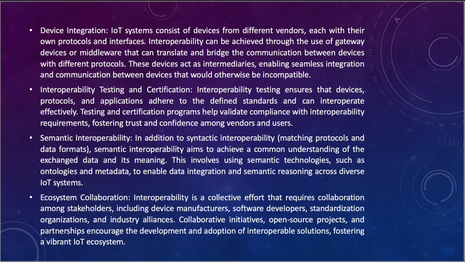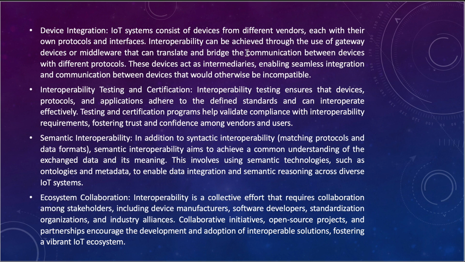Next is device integration. IoT systems consist of devices from different vendors, right? Different vendors means different companies, right? Different brands, each with their own protocols and the interfaces, right?